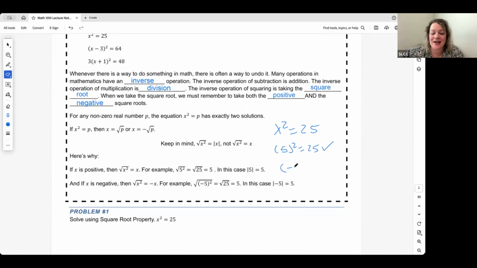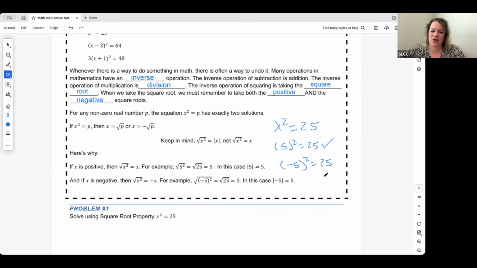I can also plug in -5, and that makes this a true statement. Remember, the square root of x squared is not just equal to x. It's equal to the absolute value of x. So if I plug in 5 or -5, I still get 25.